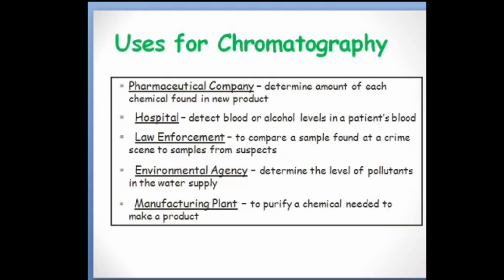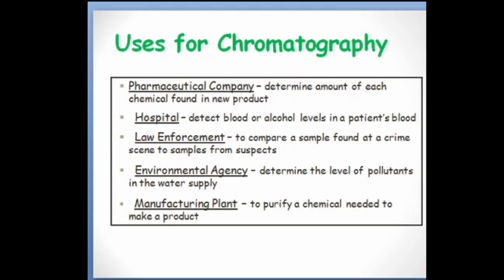Now what are the various uses of chromatography? Some of the uses are in pharmaceutical companies to determine the amount of each chemical found in a new product. Then in hospitals to detect blood alcohol levels in the patient's blood, to detect the various analytes that you want to know.